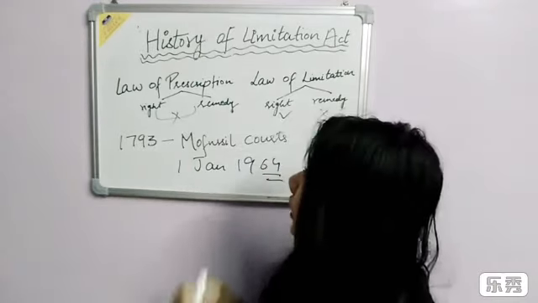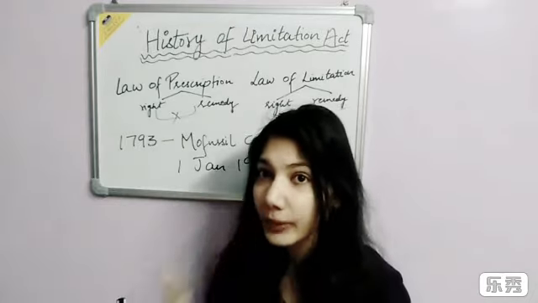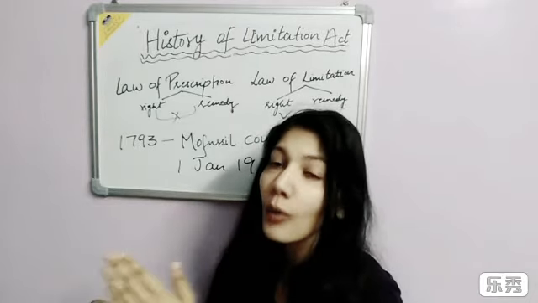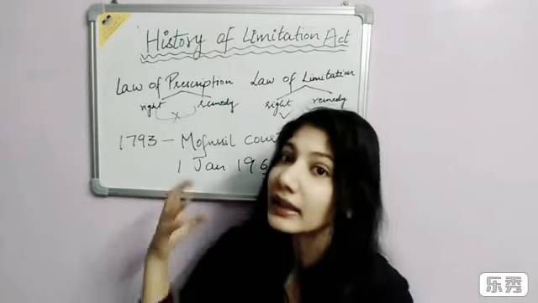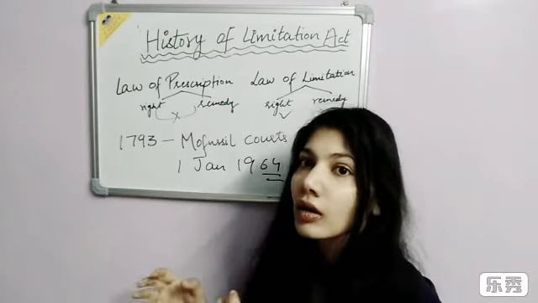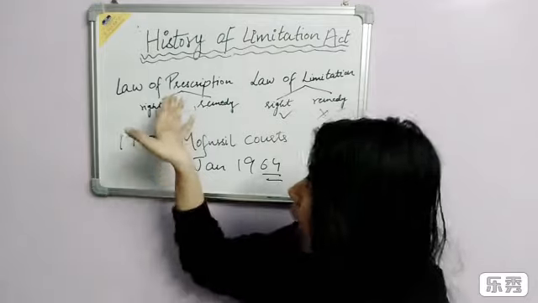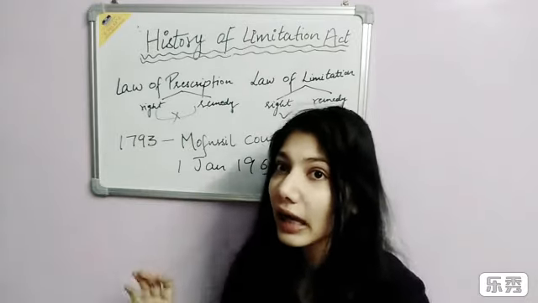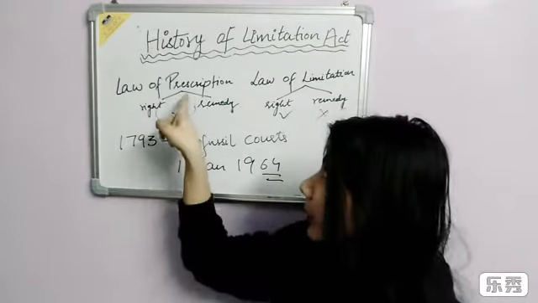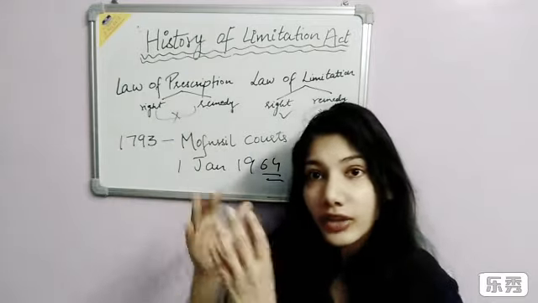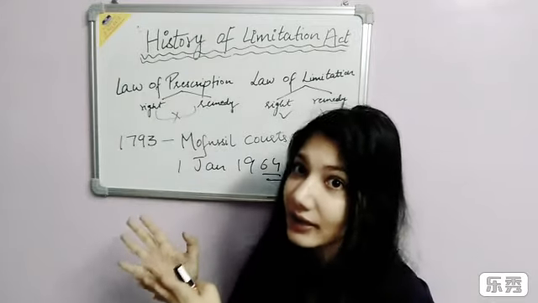Basically there was the Indian customary law before the commencement of the Limitation Act, which covered the law of prescription. There was no rule regarding the law of limitation, and prescription means which bars the right as well as the remedy.